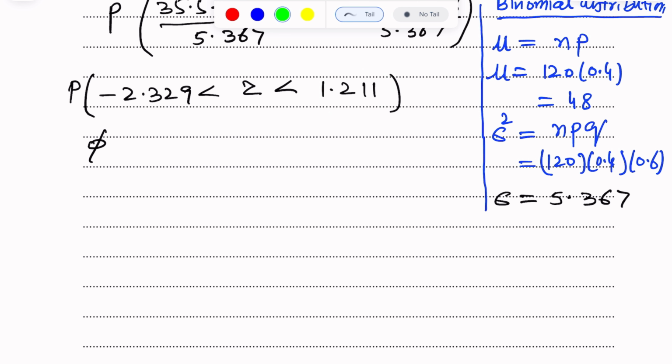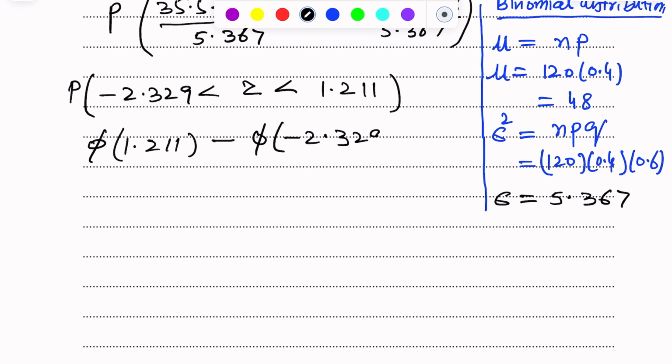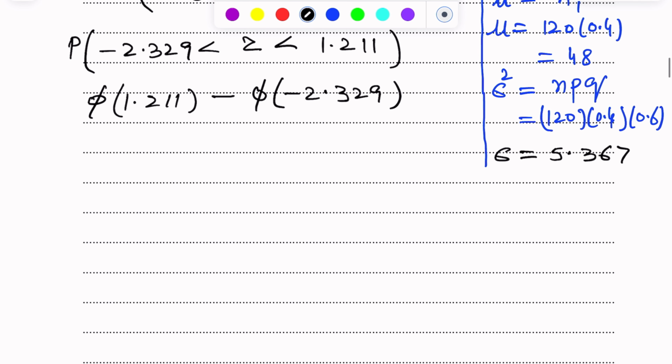Now we will find the probability of this value minus the probability of this value. So we can write probability of 1.211 minus probability of minus 2.329. This is the value of z. This is negative, so we will make it positive by subtracting from 1.